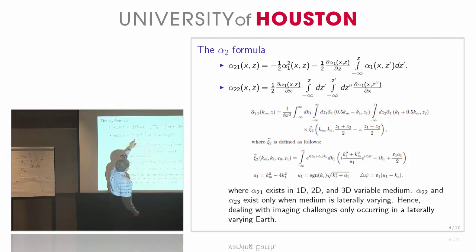This kind of term is not being included now. That's a lateral term in Fang's work. It's just terms which have an imaging issue in multi-D, but also exist in 1D. I'm just trying to let you know that.